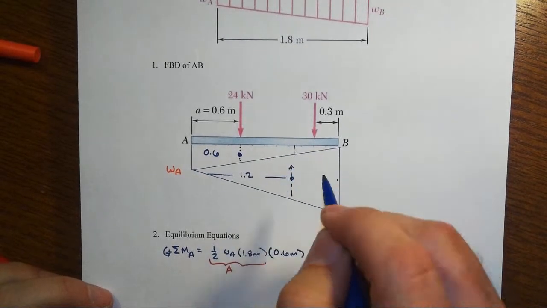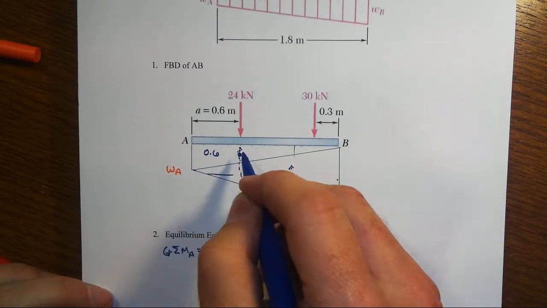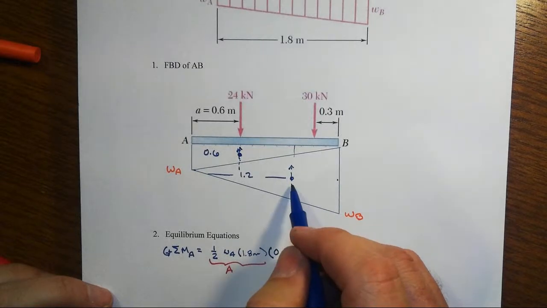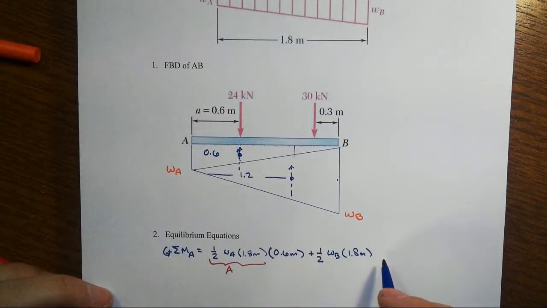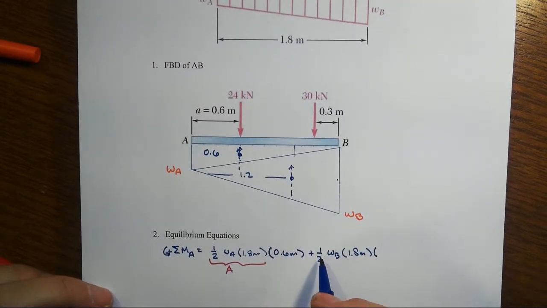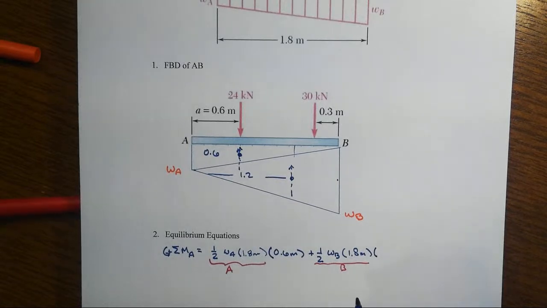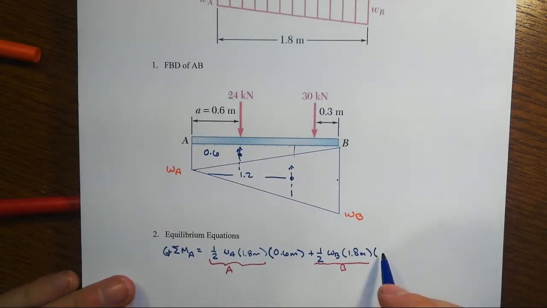The effective force acts through that centroid and is vertical in its orientation, so where the centroid is vertically on the page doesn't matter. So the total force there is 1/2 of WB times 1.8. That's what I'll call B, and the moment arm is 1.2 meters.